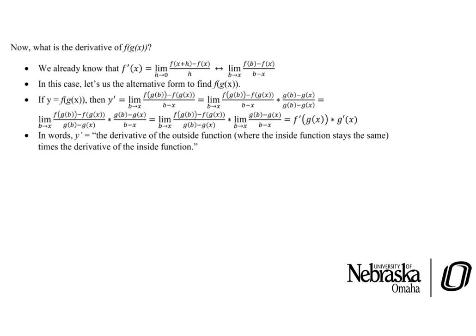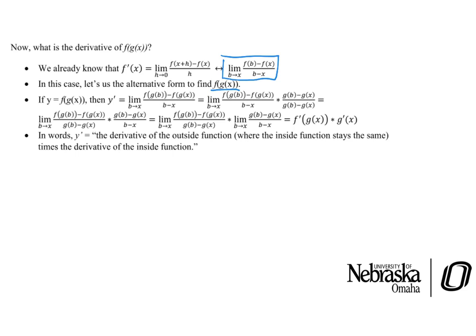So we established that before. Okay, now let's use the alternative form though. The boxed blue one is what we typically use. Let's use the alternative form to find the derivative of the composite function, f of g of x.